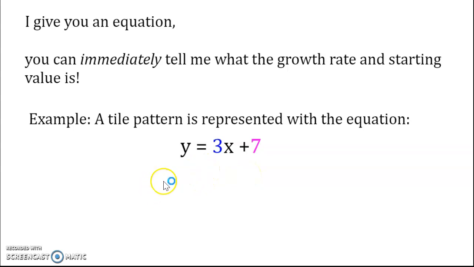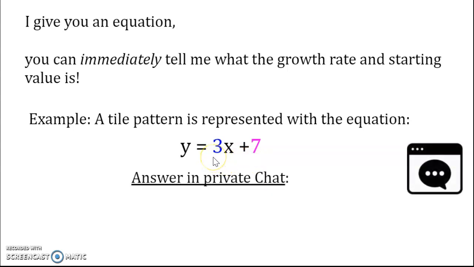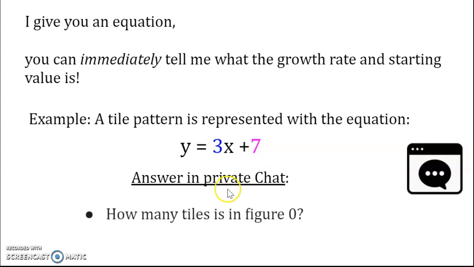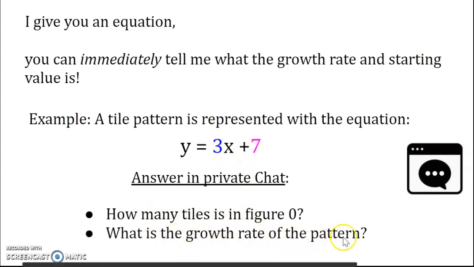Growth is the number in front of the x, and 7 is how many tiles you are starting off with. So 3 is the number of tiles being added each figure, and 7 is the number of tiles in figure 0. That's the starting value. How many tiles are in figure 0? That's 7. What is the growth rate of the pattern? It's 3.